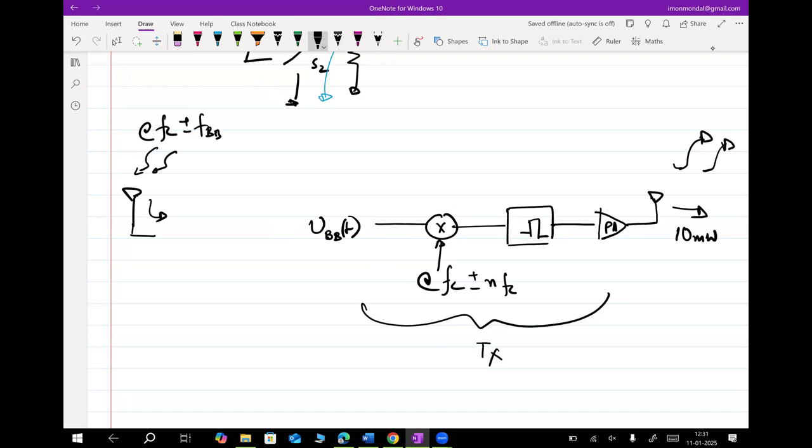Why was this 10 milliwatt necessary? Because you wanted to ensure that your signal reaches an antenna which is somewhere far, maybe 1 kilometer away. If you assume there is a certain amount of loss from the cell phone transmitter to that antenna, an equivalent amount of loss will be there from the base station when the signal comes back to your cell phone.